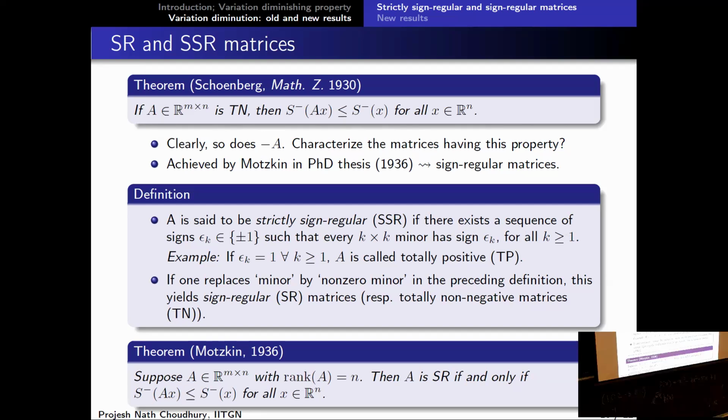Motzkin is able to characterize signed regular matrices using the variation diminution property, but with this additional hypothesis. Later Gantmacher and Krein were able to characterize only totally non-negative matrices, that is a particular sign pattern, completely. Now the question is, can you also characterize signed regular matrices of other sign patterns?